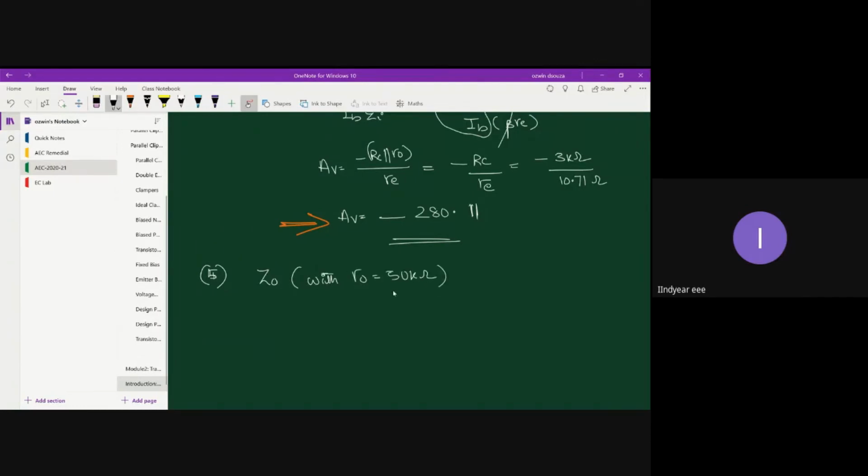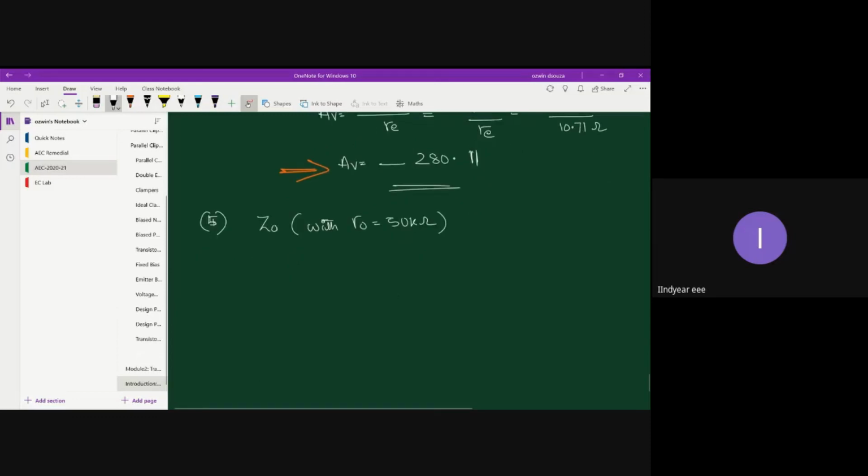What will happen if you take a reasonable amount of output resistance? Z0, once again, is RC parallel with R0, that implies RC into R0 divided by RC plus R0. That is 3 kilo into 50 kilo divided by 3 plus 50, which is 53 kilo.